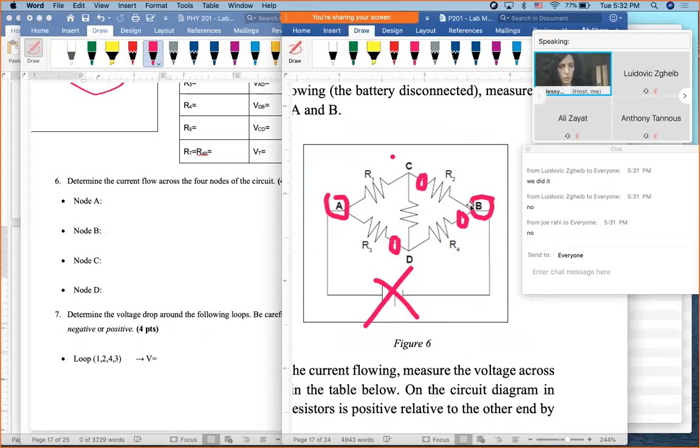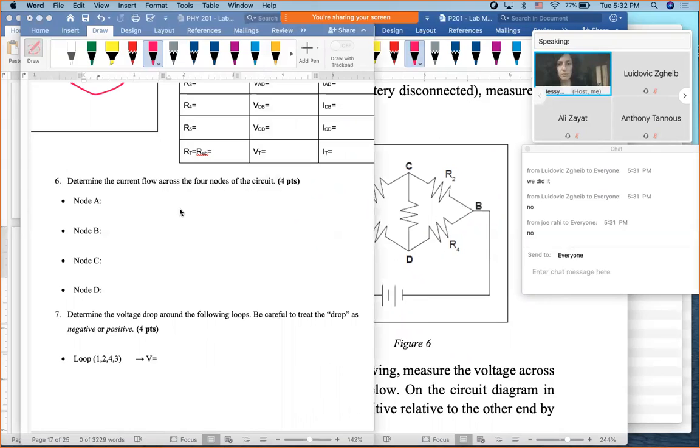All right. The question is, what do we mean by current flow through node A? So the question is, determine the current flow across the 4 nodes. This is node A. And by current flow, we mean current in minus current out. I'm gonna do I in minus I out.